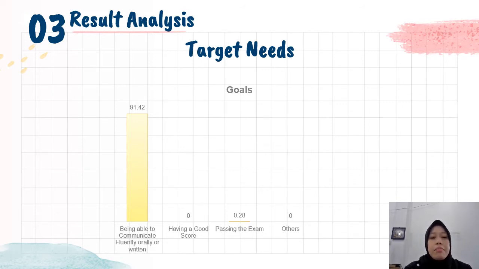So 91.42% think that the goal to learn English is to be able to communicate orally and written. Having a good score, nobody answered, and passing the exam was only answered by 0.20 percent of students. It means that they understand the actual goal of learning English.